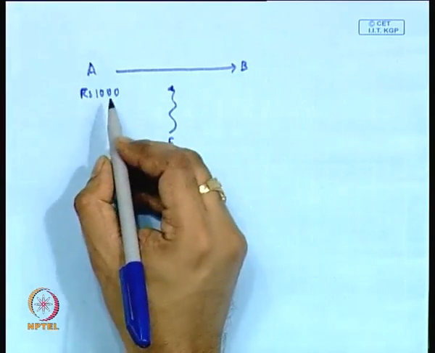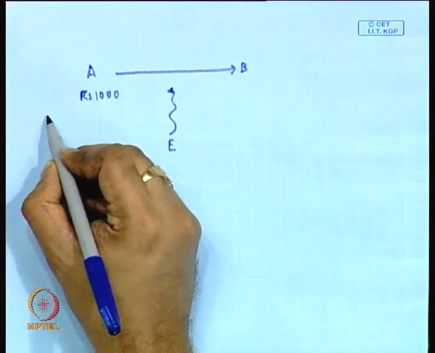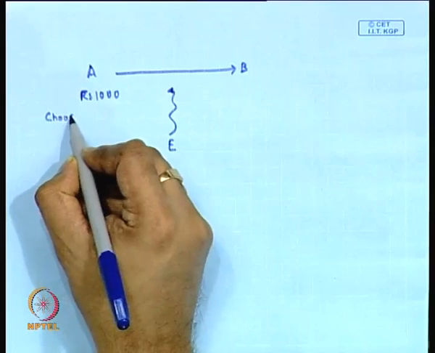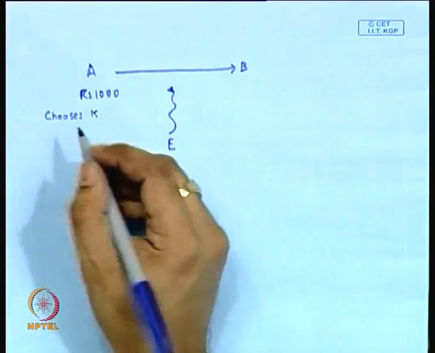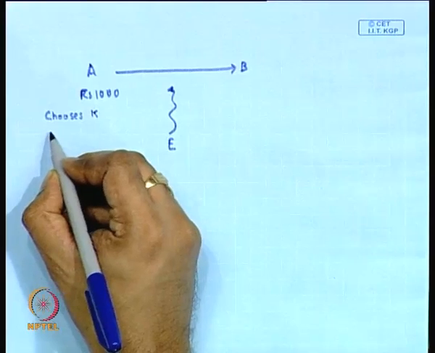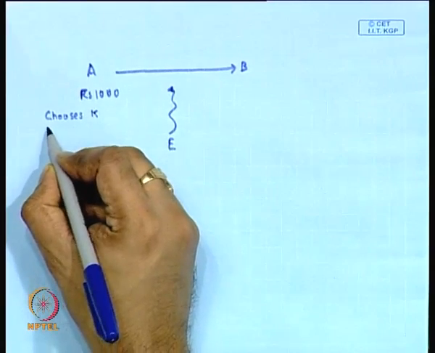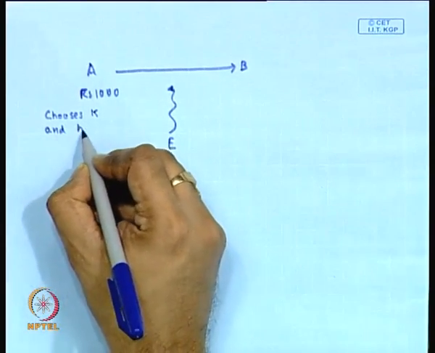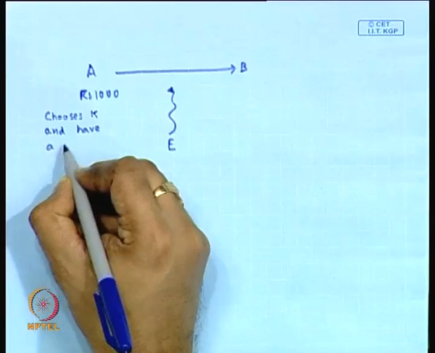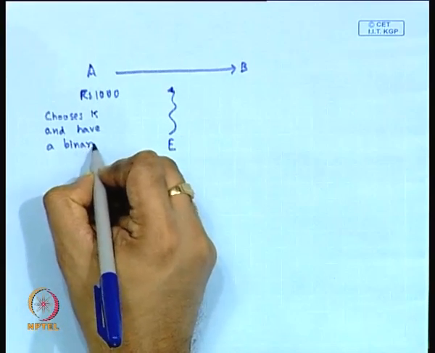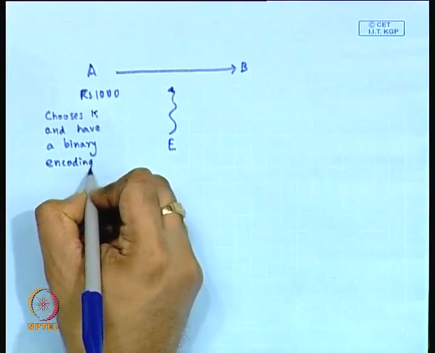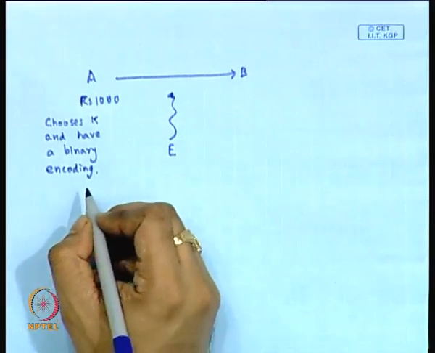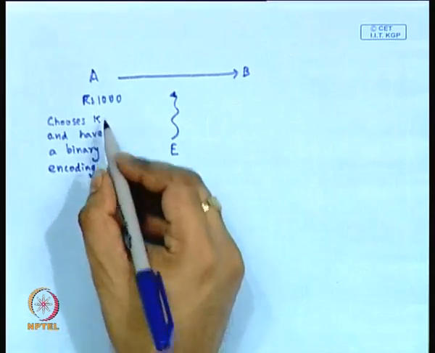So what Alice does is that she chooses a random number K randomly and encodes it in a binary format. I denote that as K.